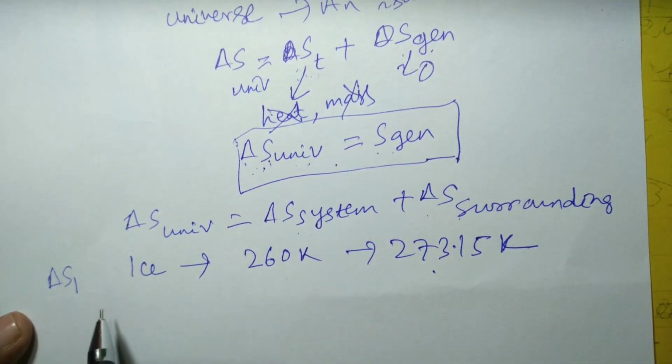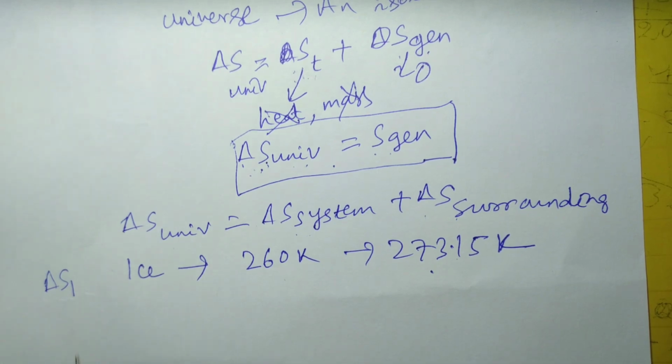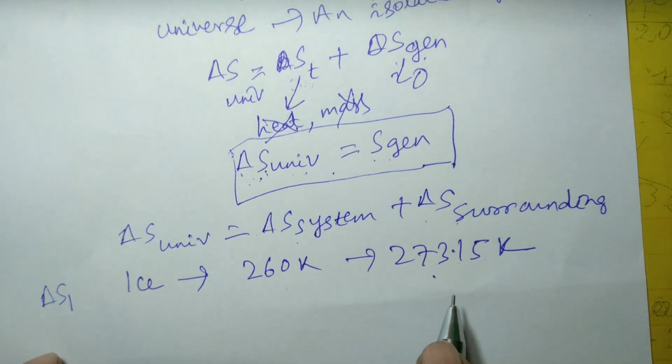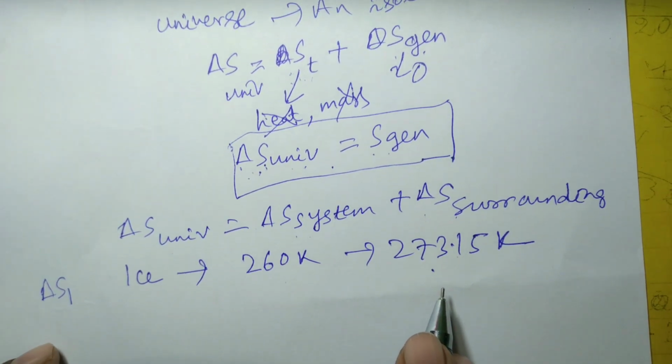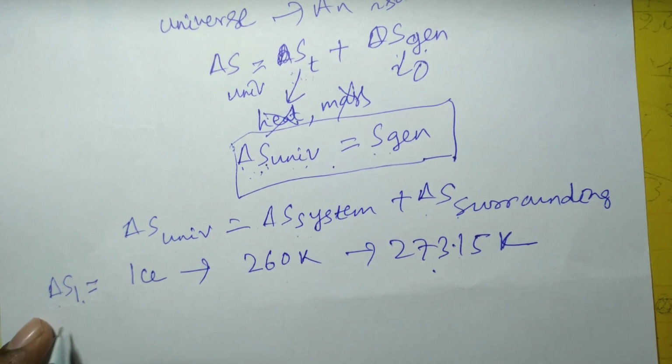If we consider the entire process of ice changing from its initial state to the final equilibrium temperature of 293 Kelvin, then it can be divided into 3 stages. So this is the first stage, we will calculate the change in entropy during the first stage.